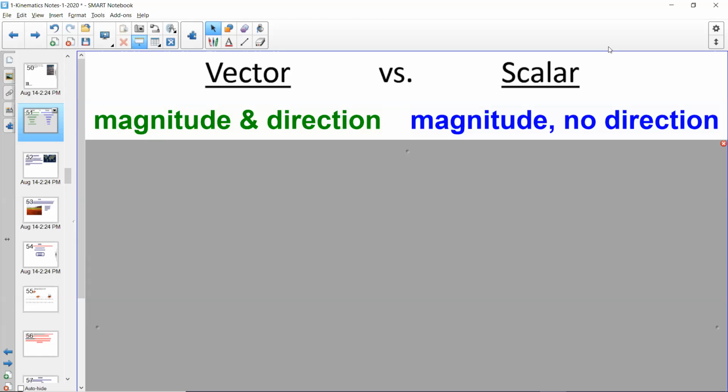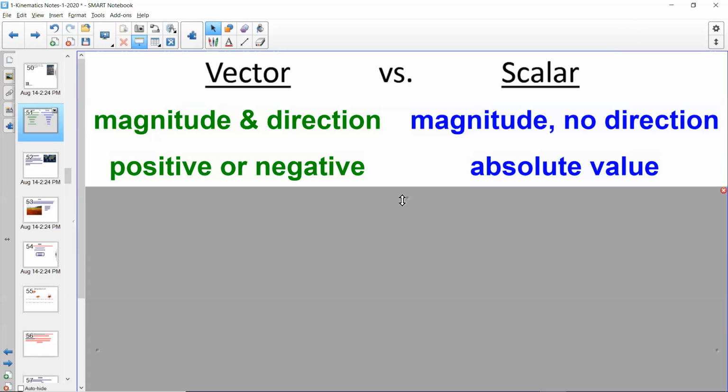And so that word magnitude really just means size, which is referring to having some sort of numerical value. Now, the way that we show the magnitude and direction together is to give vector numbers both the number value and a plus or minus sign.